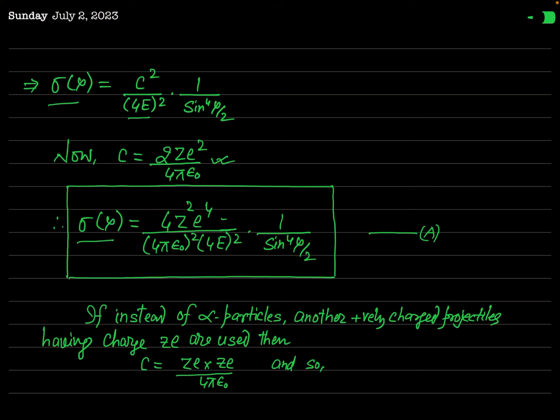Now, as I have told you earlier, Rutherford used alpha particle as the projectile in his original experiment. If the same experiment is performed nowadays, we can use another projectile, but it must be positively charged, because here the Coulombian repulsion is responsible for the scattering.